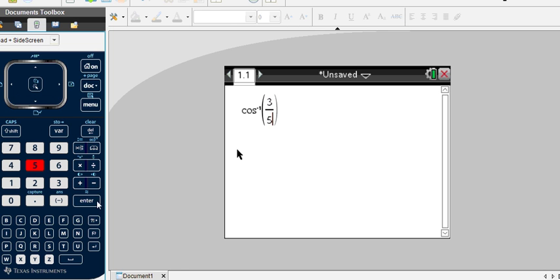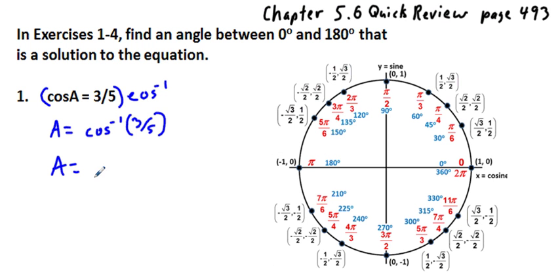We should get an angle between 0 and 90 degrees. And we get 53.13 degrees. We'll call it approximately 53.13 degrees. When we have irrational numbers, I always like to leave them as approximately. So A is approximately equal to 53.13 degrees.